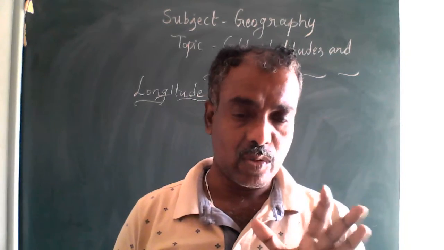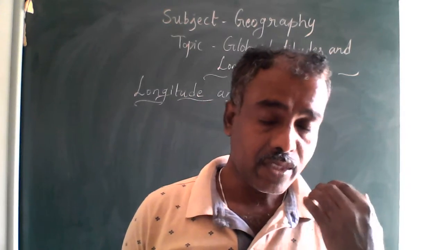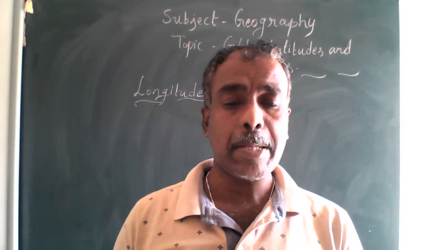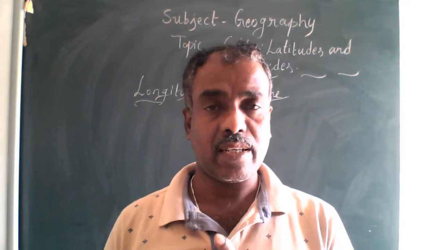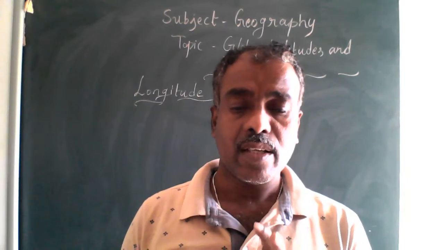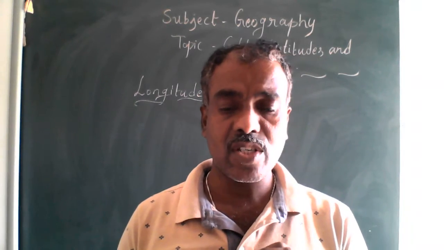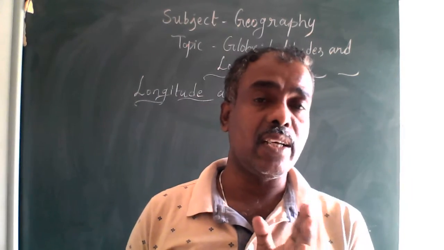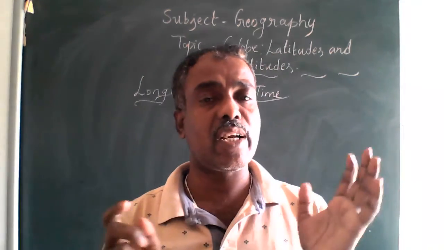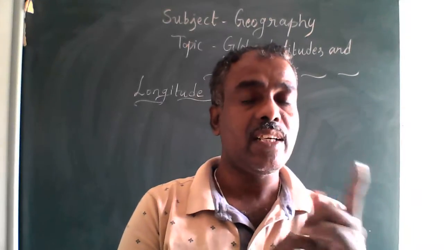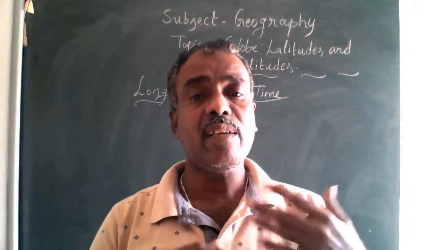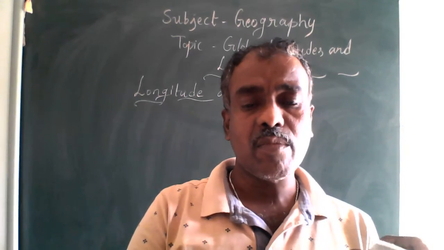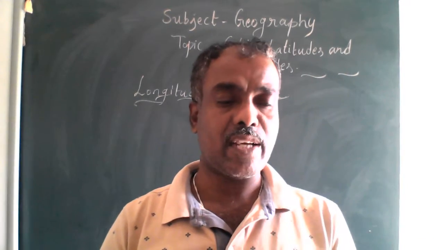That is considered the 0 degree longitude, called the Greenwich meridian, and also the prime meridian. The prime meridian, or 0 degree meridian, divides the earth equally into the 180-degree eastern hemisphere and the western hemisphere. Now let us discuss longitude and time.